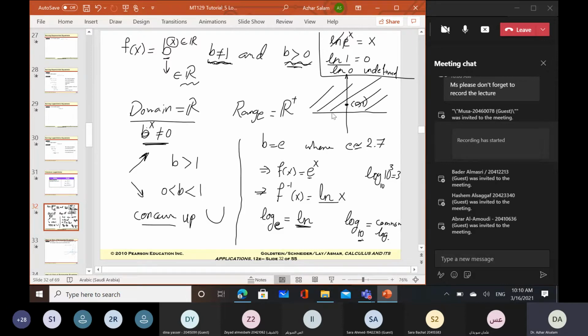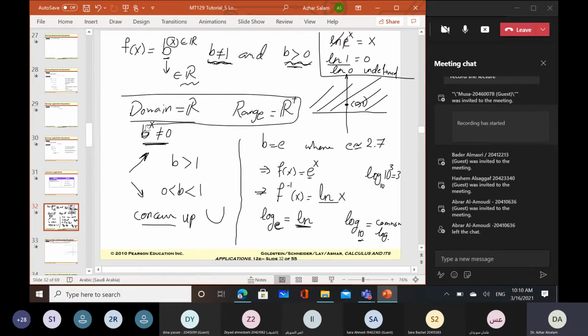The domain of ln is only the positive real numbers. Notice that what I wrote is the domain and the range for the exponential function e to the power x or b to the power x. Okay, this is the domain and this is the range.